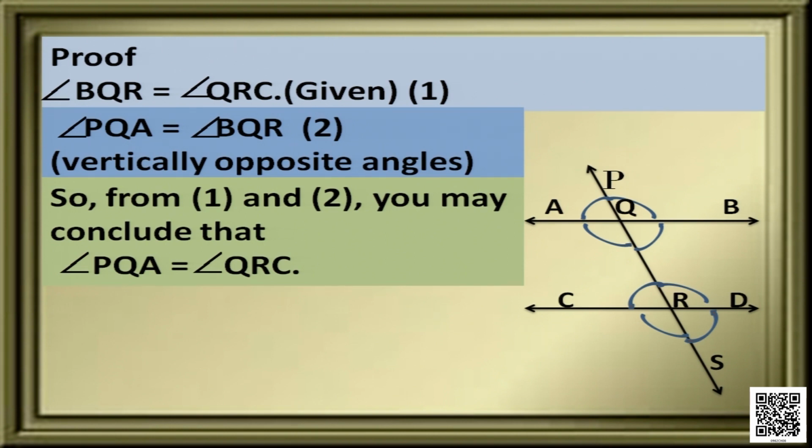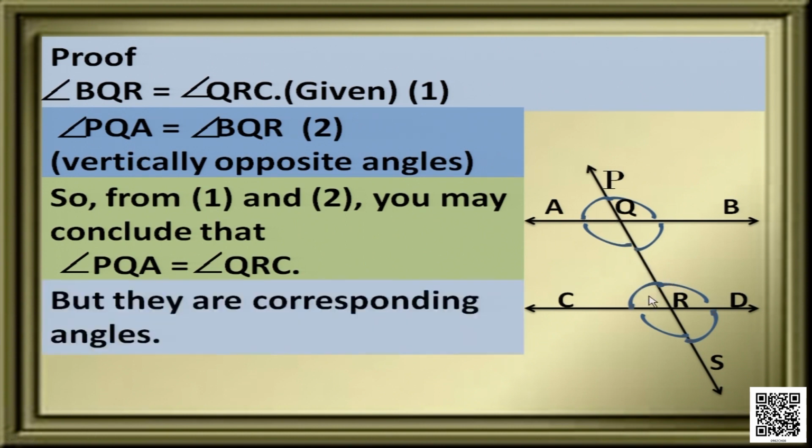Now PQA and QRC, if these two are the lines and this is the transversal, then what are these angles PQA and QRC? They are corresponding angles.